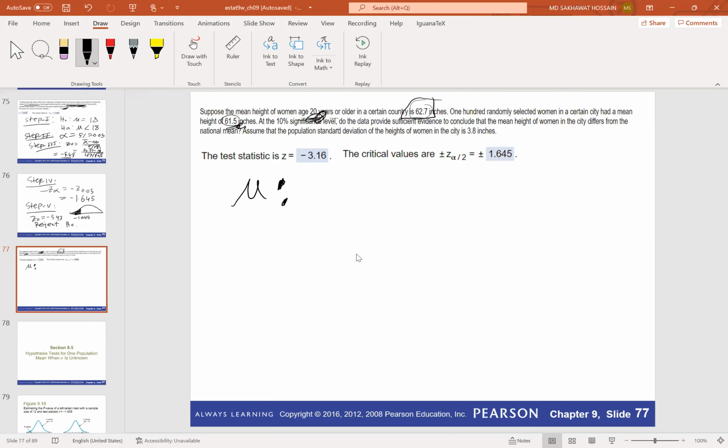We are interested in the women who are 20 years old in that certain city, because we are interested in the average height.